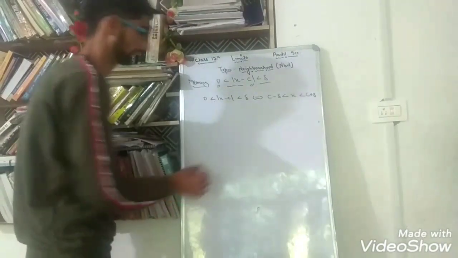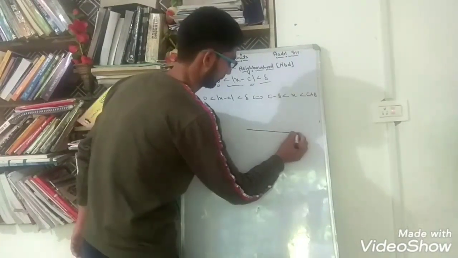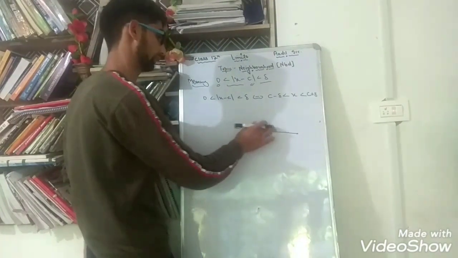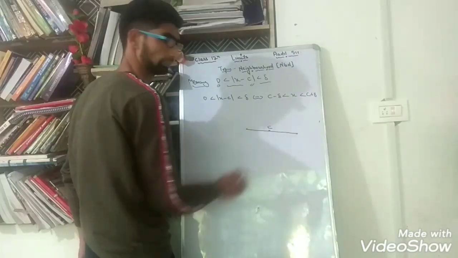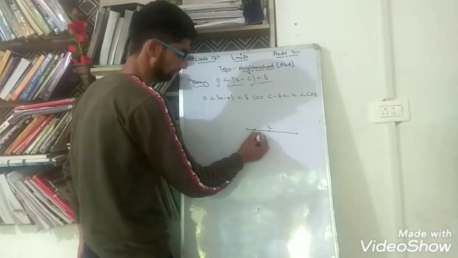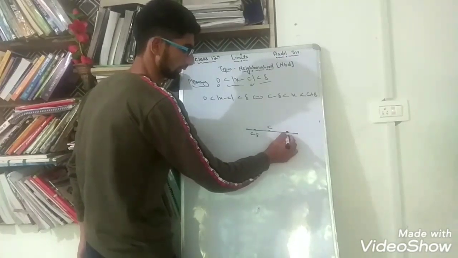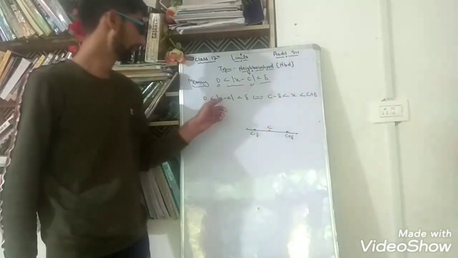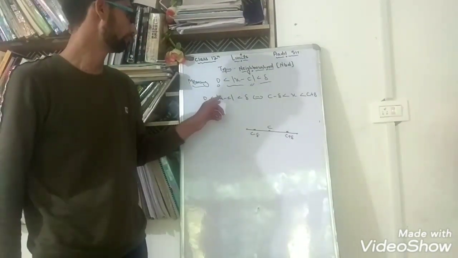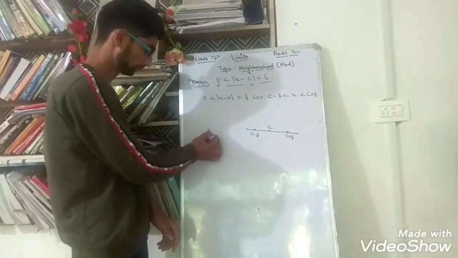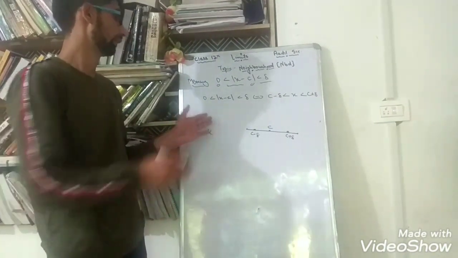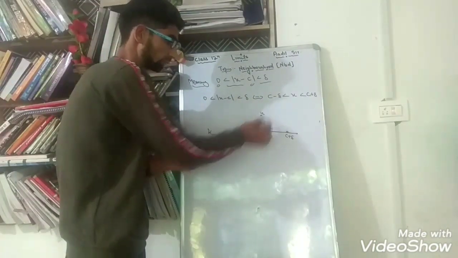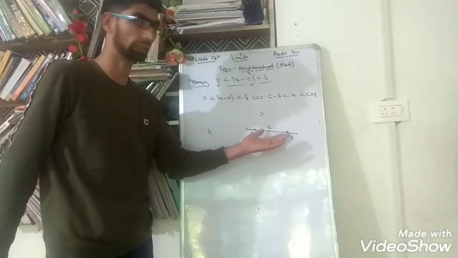How? Let's check. This is our x. For example, here is C, here is C minus delta and C plus delta. We have a point x somewhere on this number line.